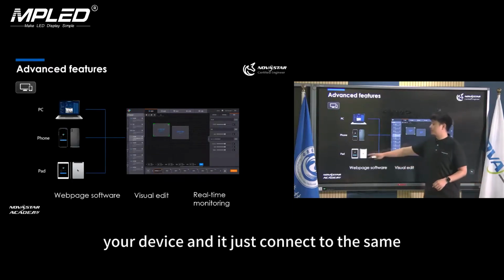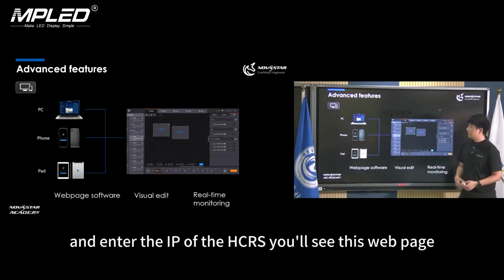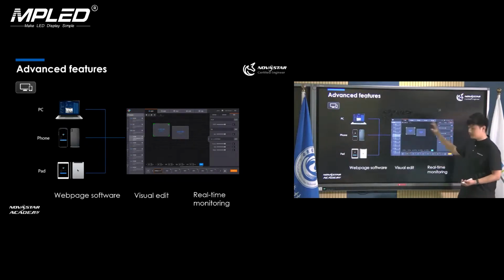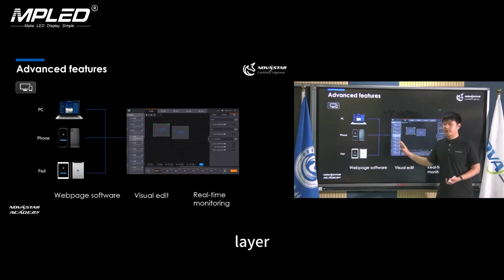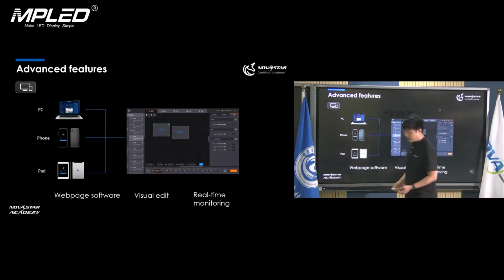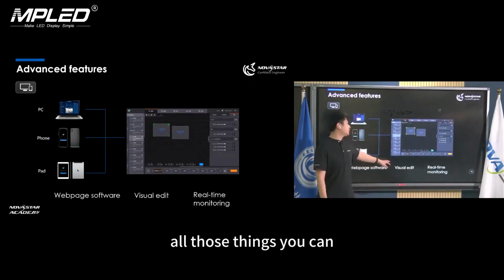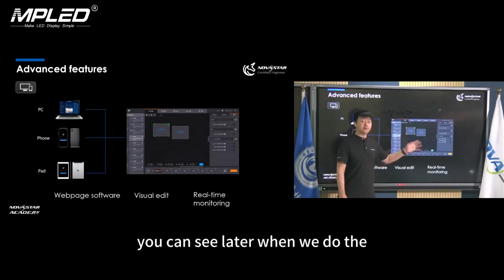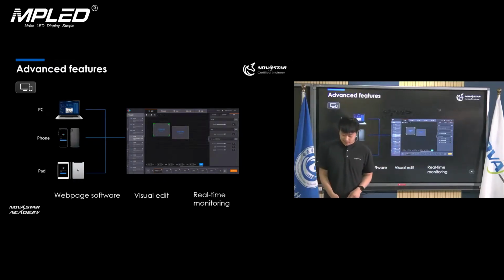Once your device and the H series connect to the same local network and you enter the IP of the H series, you'll see this web page. On this web page, you can do all the things: basic layer settings, layer editing, preset switching, and also real-time monitoring. You can see all those things later when we do the actual demo.